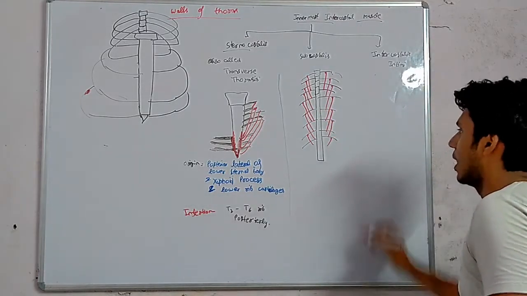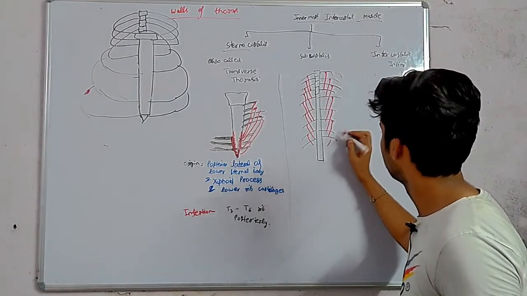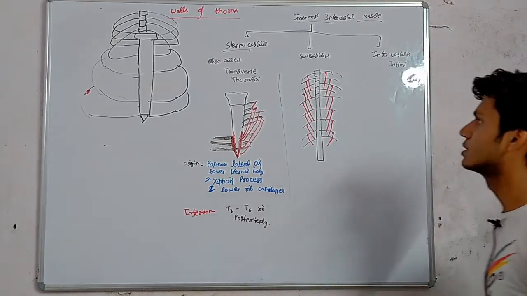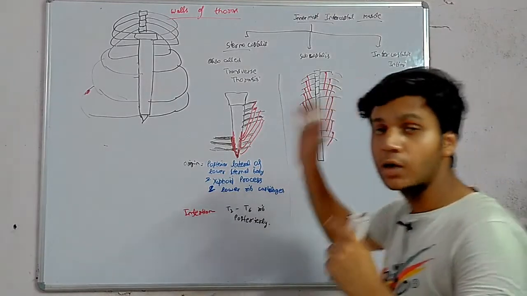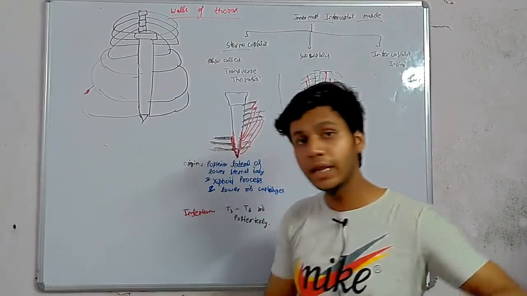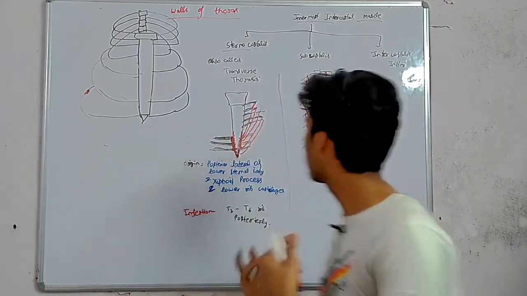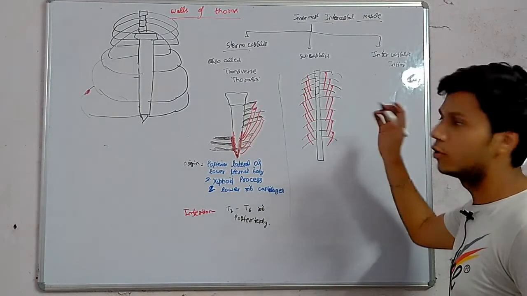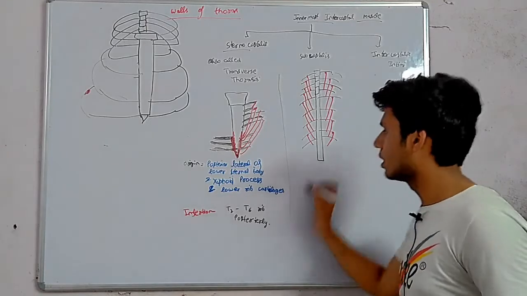Then this is the pattern of subcostalis on the inner aspect of the posterior thorax. They can also be multiple, 12 of them, since 12 ribs arise.